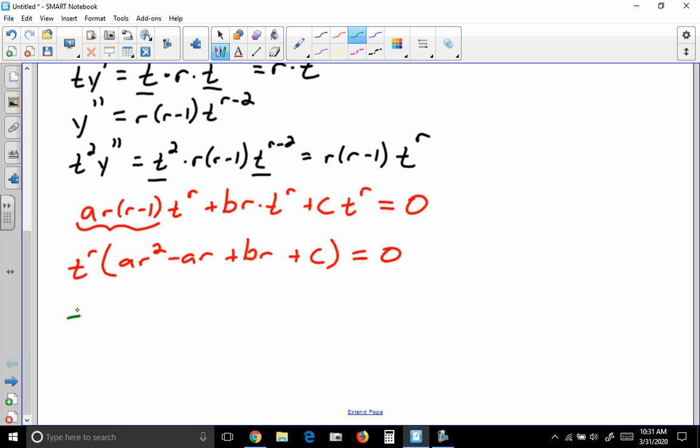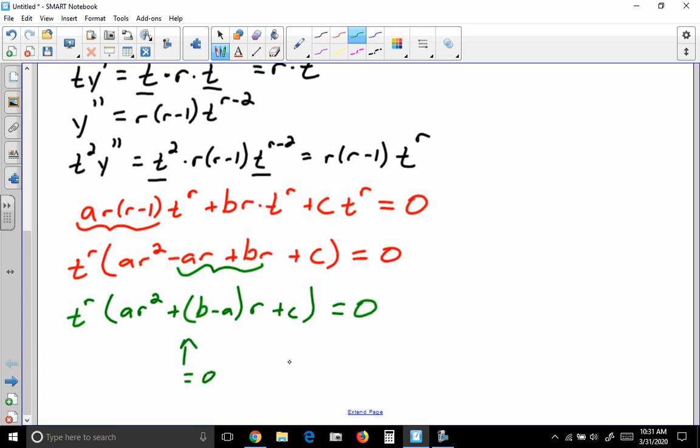So let's simplify the inside. Let's collect like terms. So we have an a times r squared. These are both r terms, so if we combine these coefficients, we have a b minus a. That's the coefficient of r. Then we have a plus c. So the only way this can equal 0 is if this inside part equals 0.